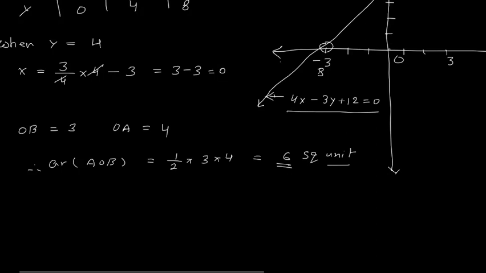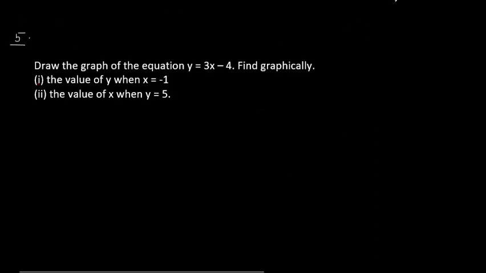Now next question. Fifth problem is: draw the graph of equation y is equal to 3x minus 4 and find graphically the value of y when x is equal to minus 1 and the value of x when y equal to 5. So equation is y equal to 3x minus 4.